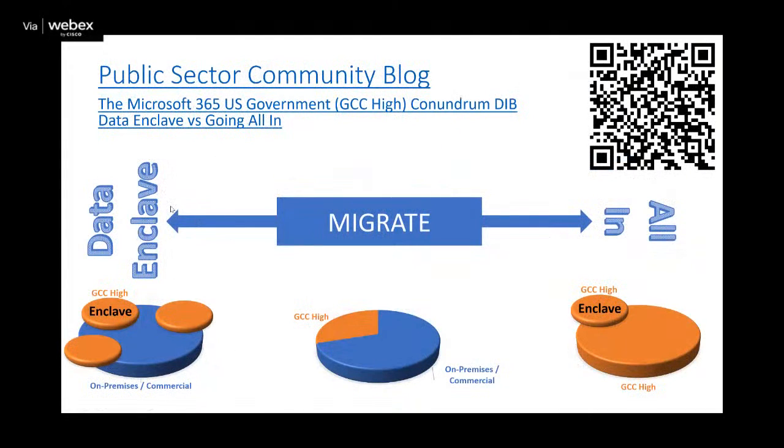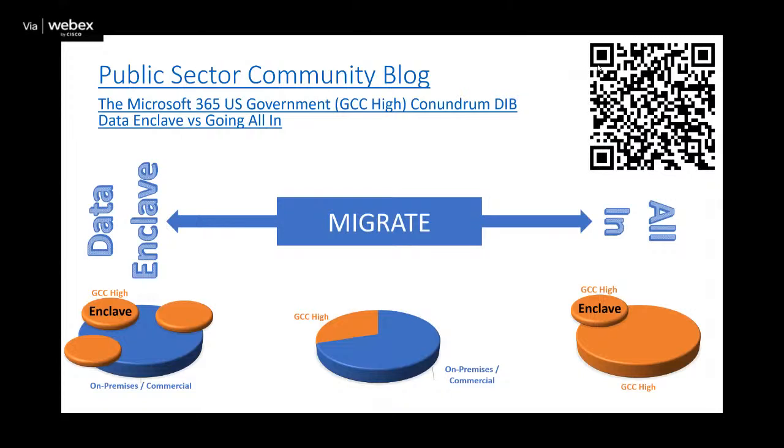Now, if we look at the distribution in terms of how our customers would typically adopt cloud, oftentimes today they'll either be on premises or have adopted the commercial cloud, in which case they, in many cases, wouldn't be able to store controlled unclassified information within the commercial cloud. So they end up setting up some various enclaves.